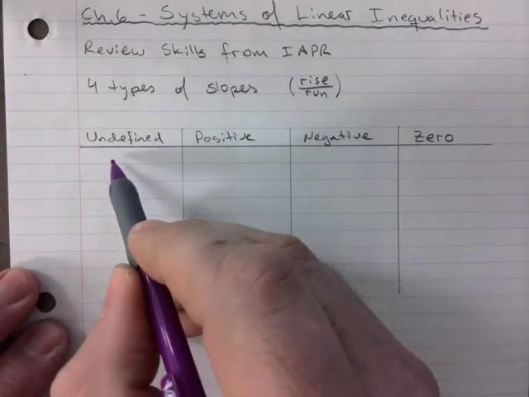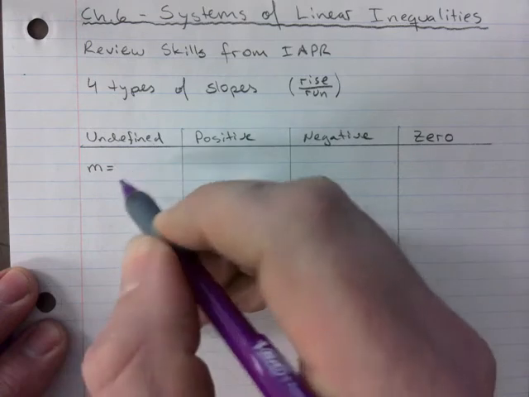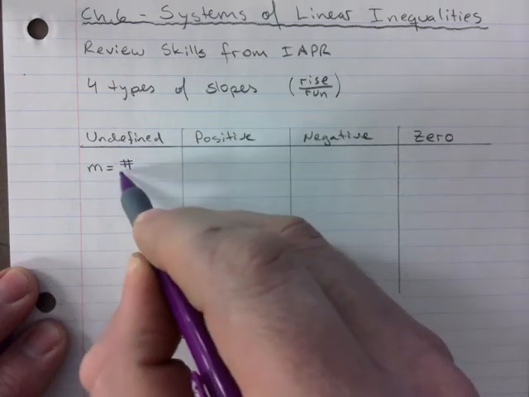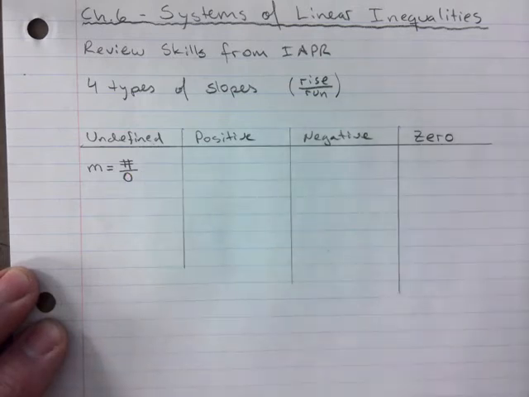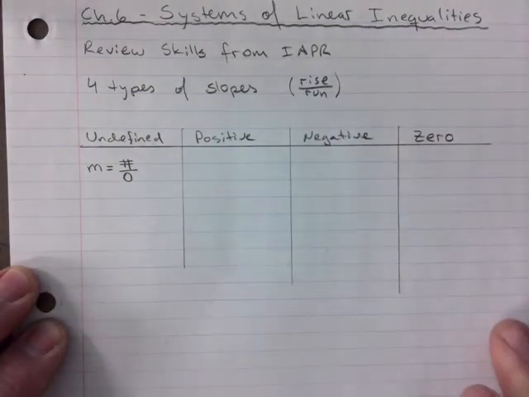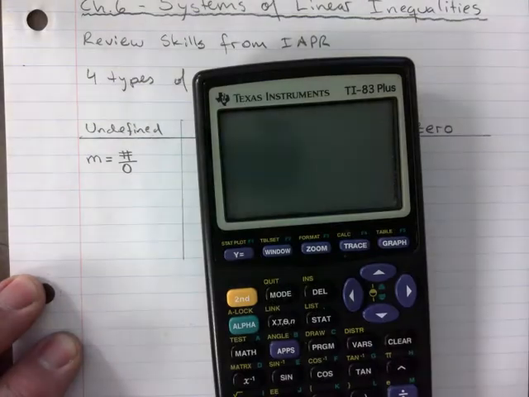Undefined is when you have a rise, but you have no run, and that is undefined, obviously. It's not 0.